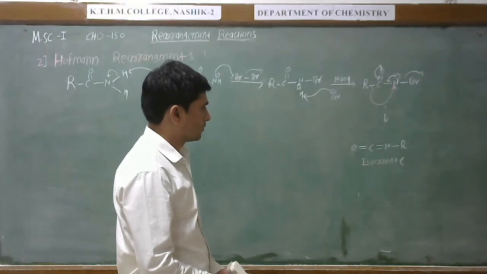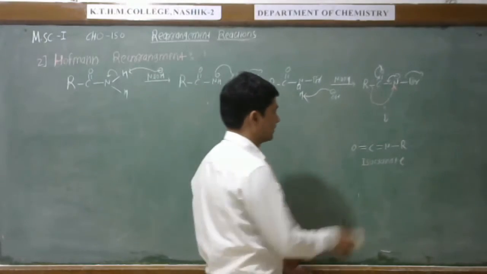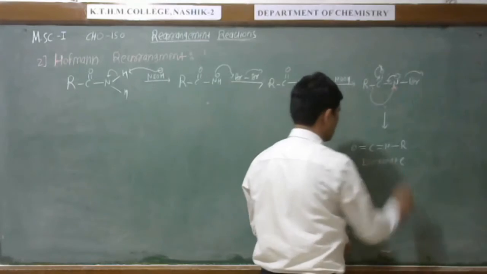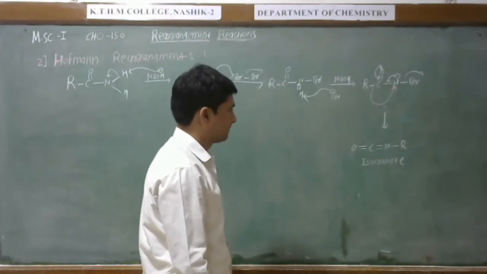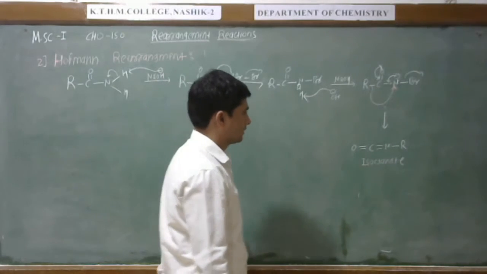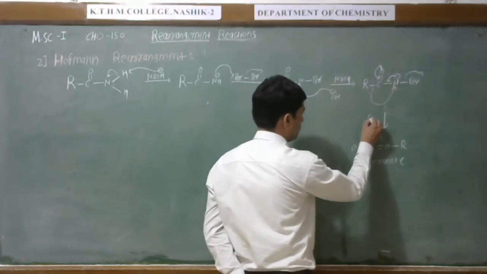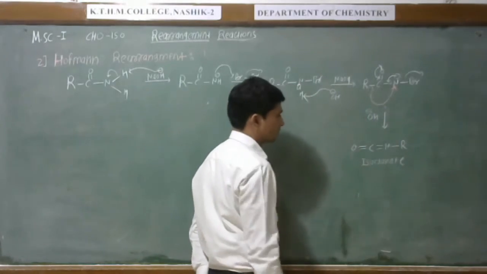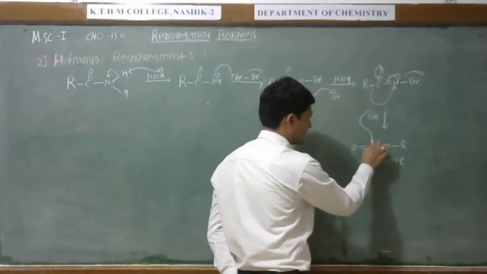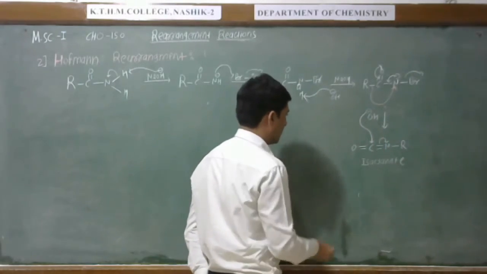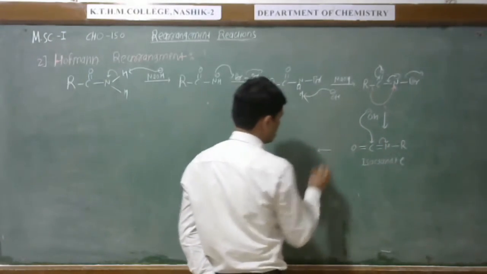Now, as we see, in this reaction we have used a base. This OH minus, which comes from the base, will attach to this carbon, and this bond will open, and the nitrogen has a negative charge.